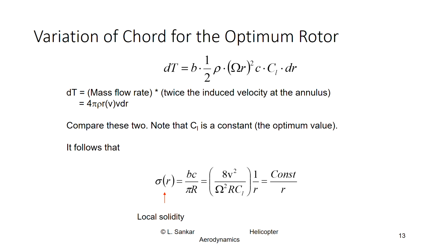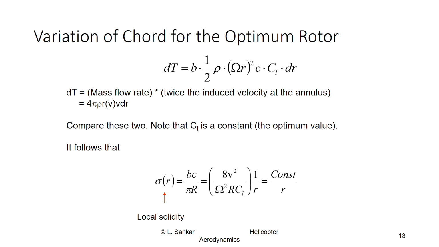It's very easy. B c over pi capital R is the local solidity. If you do some algebra, just group it. Rho cancels out everywhere. dr cancels out in the two expressions. CL will be there. Omega will be there. Everything else will be there. B will be there. c will be there.